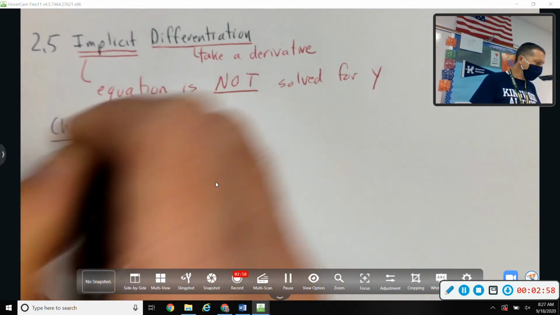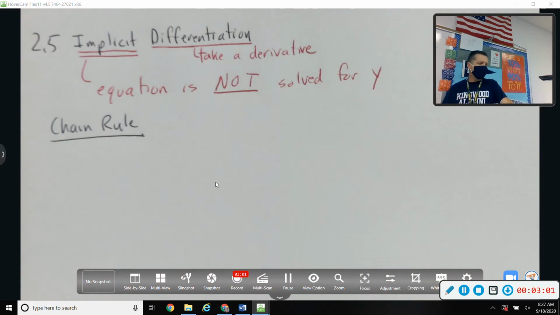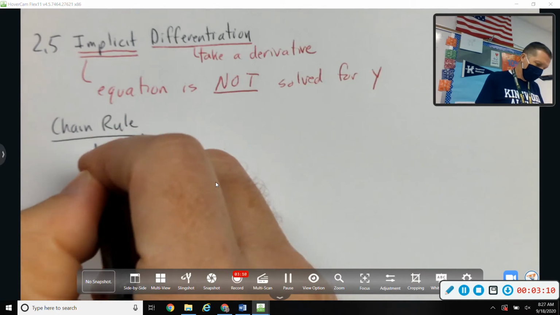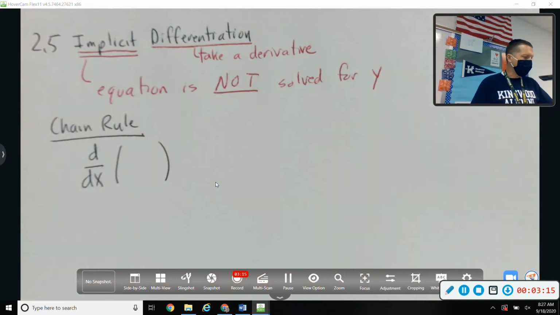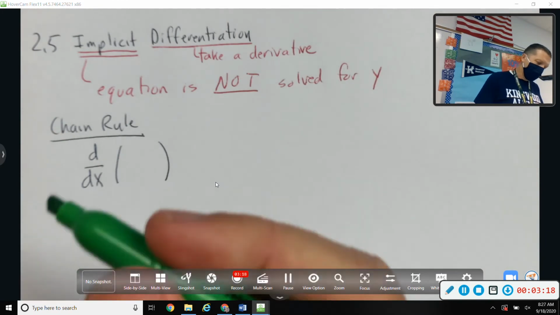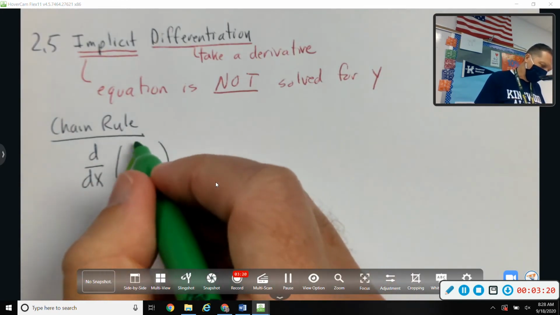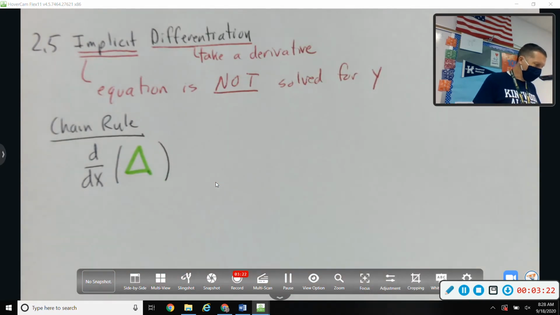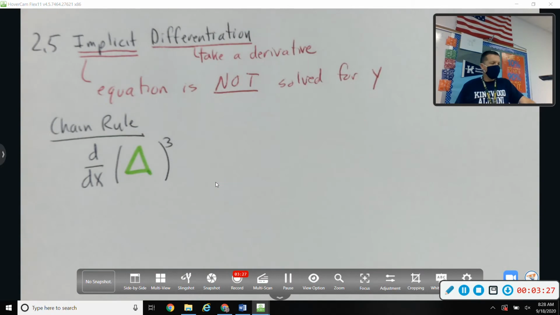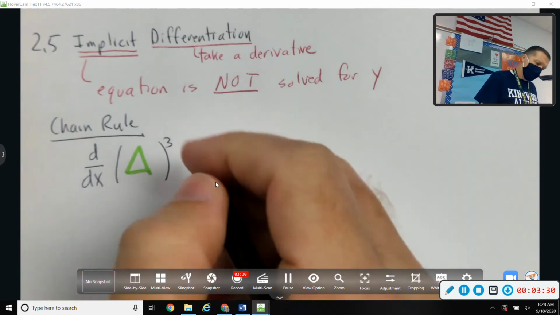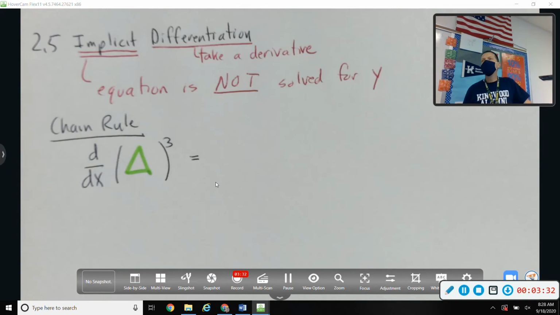The main thing we need to remember to do implicit correctly is the chain rule. So the Tootsie Roll Pop rule, the outside in rule, 1 layer at a time rule. Let me remind you of it with a silly example, although very conceptual example. If I want to take the derivative of a green triangle cubed, what's a green triangle?